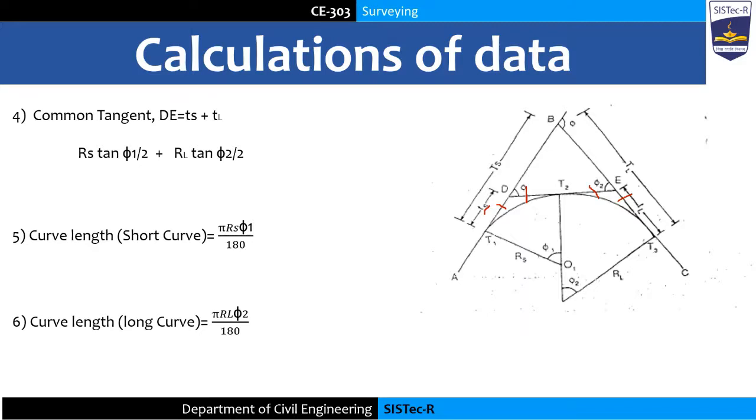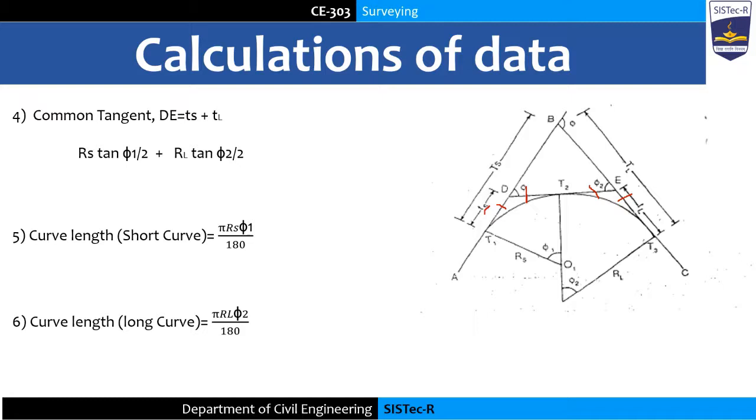Now we'll move to the fifth one, that is the curve length. We have seen in the last video also that the curve length is calculated by using the formula of angle, that is angle equals arc upon radius. We will use the angle phi 1 for the short curve and phi 2 for the long curve.